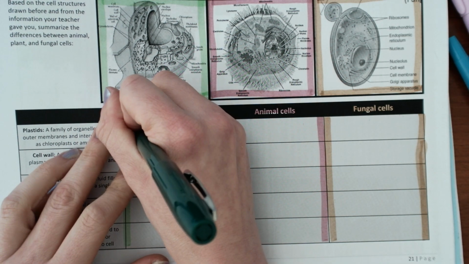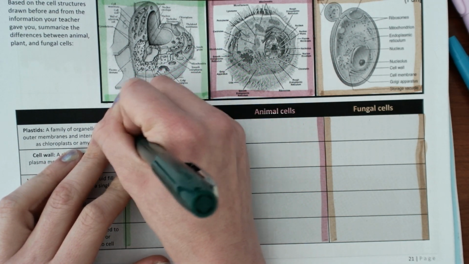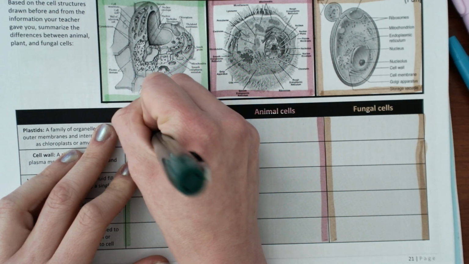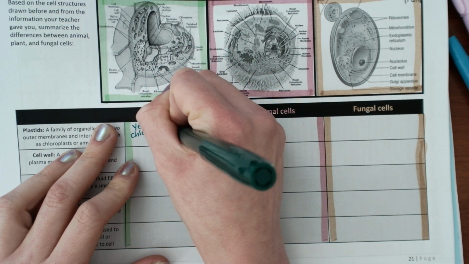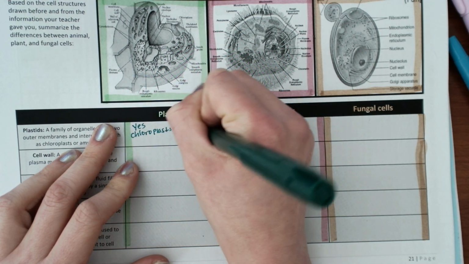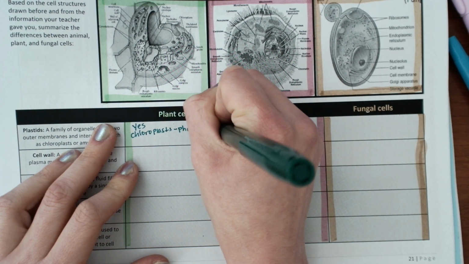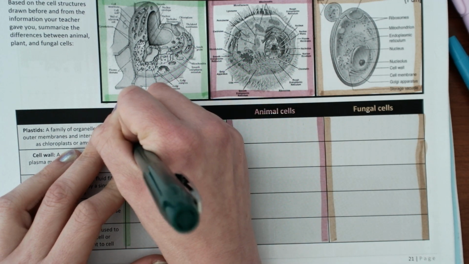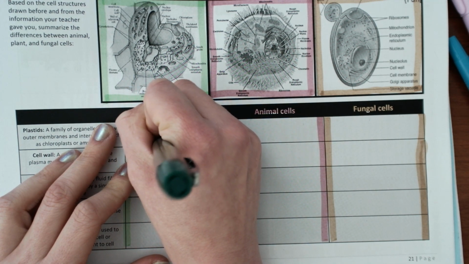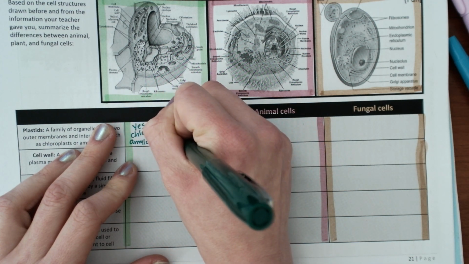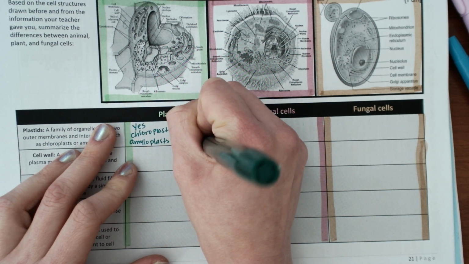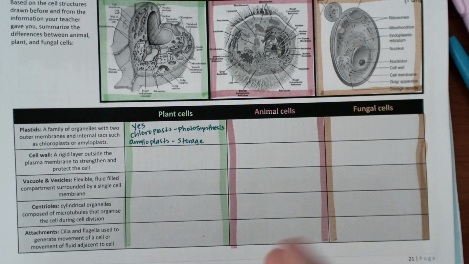And so plant cells, yes, they have chloroplasts for photosynthesis and amyloplasts for storage of things like pigment.